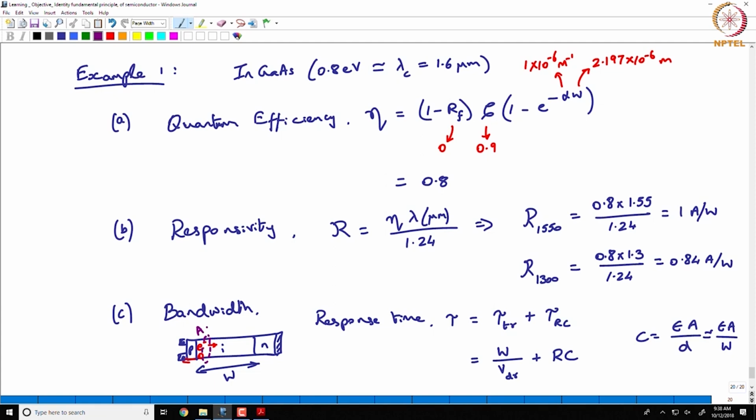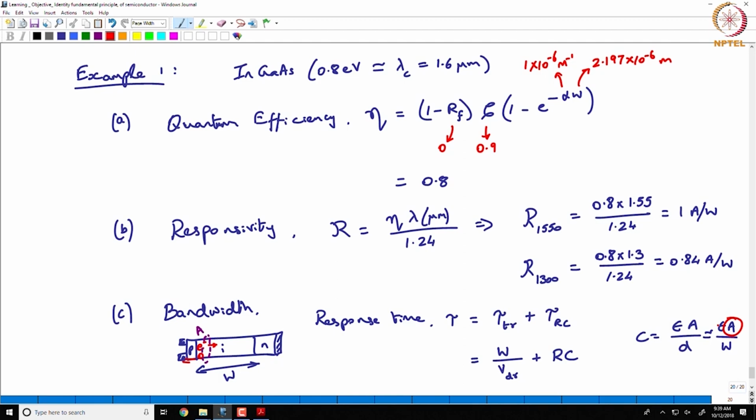So, that is a contradiction, right. If you are trying to change W to change the response time, when you go for a smaller W, as far as your transit time is concerned, you have a larger capacitance associated with that. So, what do you do? How do you get around this logjam? The free parameter is A, right. A does not affect the transit time.